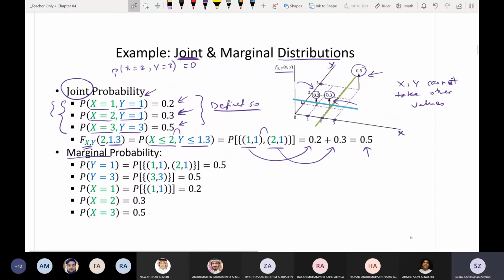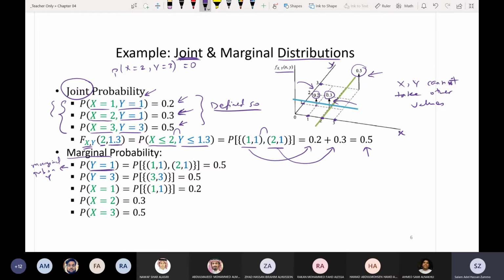And marginal probability means that I'm talking about the probability of only a single random variable. For example, in the context of two random variables x and y, I can ask what is the probability that y equals 1. This is called the marginal probability on y, because I'm asking about y alone without x.